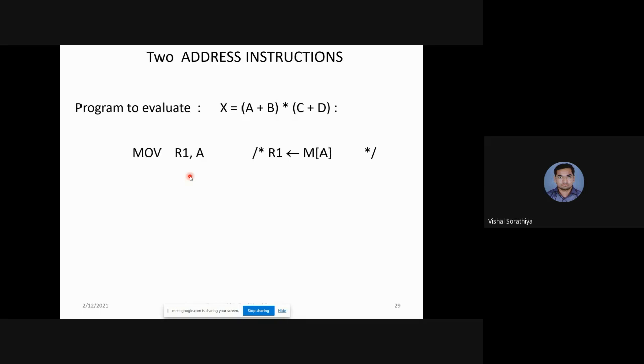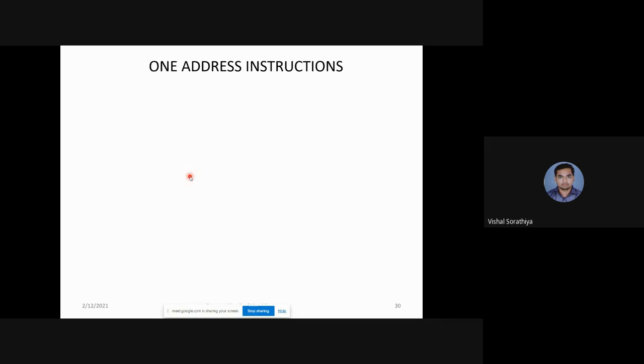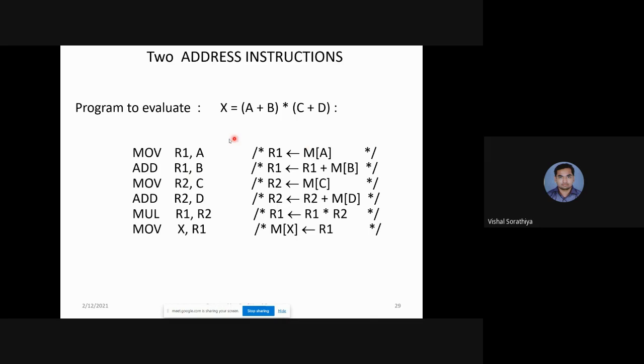With 2 address instructions, the same stuff executes like this. First take the data A to R1, then add B into R1, so the previous content of R1 is added with B. Then take the C data into R2 and add D. Now R1 has the addition of A plus B, and R2 has the addition of C plus D. Then you do the multiplication, MUL R1, R2, and the data is stored by the move instruction.